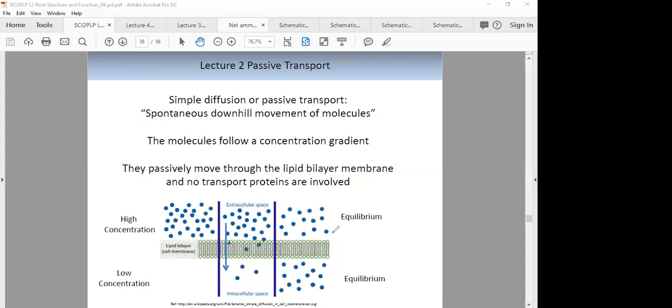This doesn't mean that movement stops, because remember, these molecules keep moving around at random, so they'll continue to cross the membrane, but at equilibrium there is no overall movement or net movement of the molecules just to one side of the membrane. It's equal movement on both sides, back and forwards. All right, good. Everyone clear on that, on the concept of equilibrium? Equilibrium doesn't mean it stops. Excellent. Good.